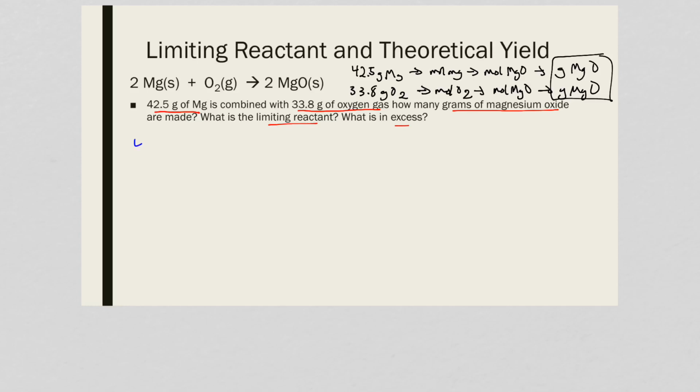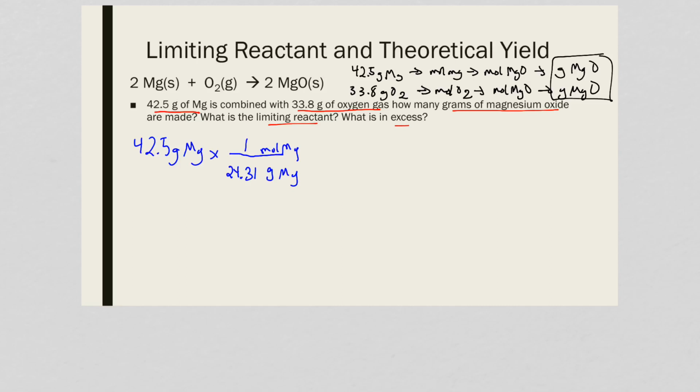So 42.5 grams magnesium. Now remember, the calculations themselves are going to be exactly the same as we did in the last section, right? We have to go to moles of magnesium, getting rid of the grams, right? We're going to use our molar mass, right? So 1 mole of magnesium, 24.31 grams off the periodic table.